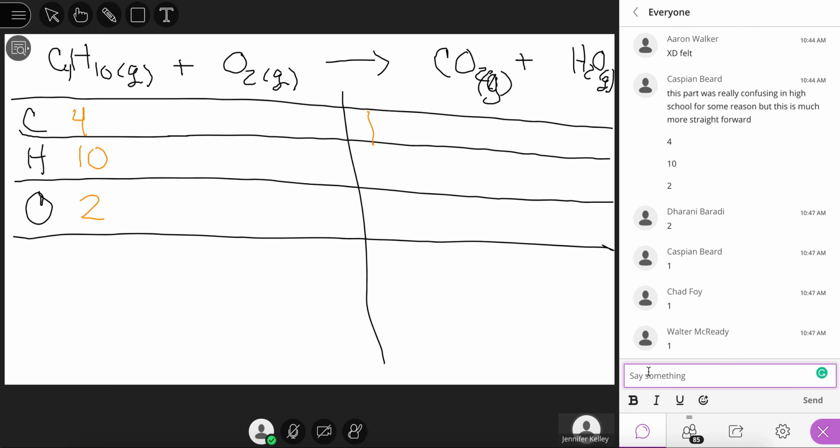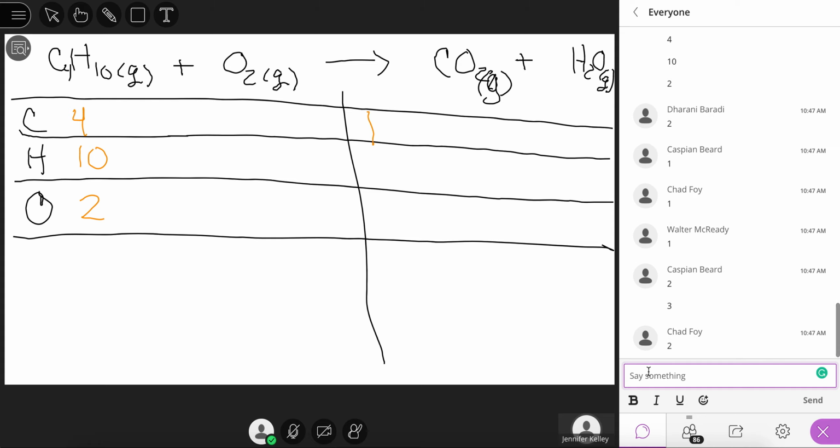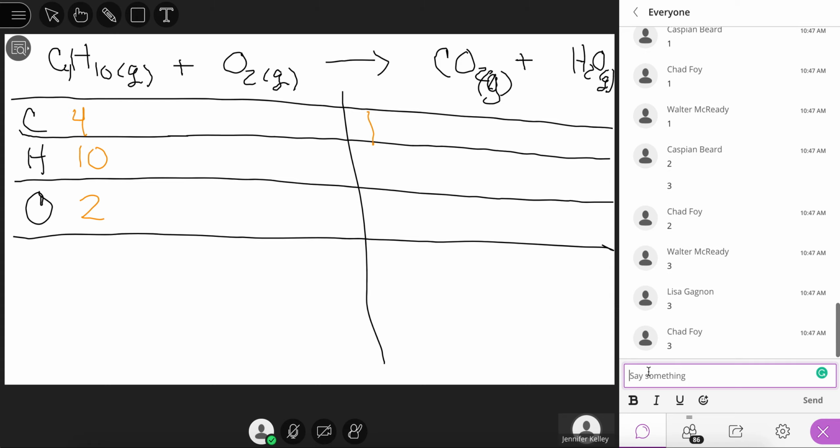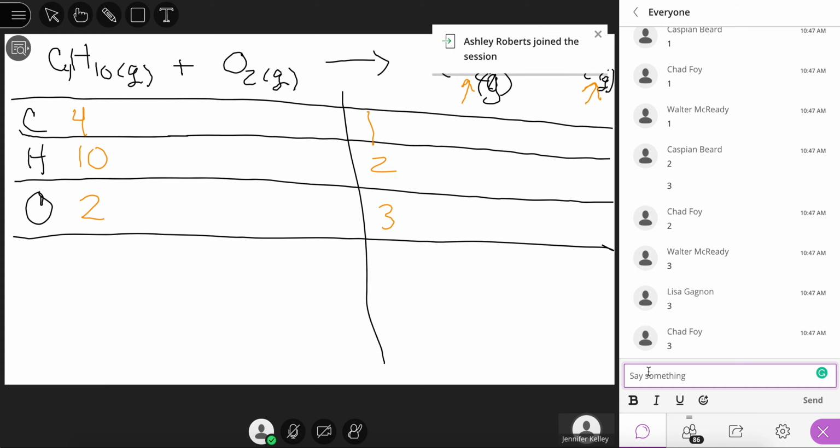And oxygen? Almost, 3, right? It's easy to forget this oxygen over here. So we've got these 2 and then the one in the water. So that makes 3 oxygen. And then we have 2 hydrogen. All right, so we're unbalanced in everything.